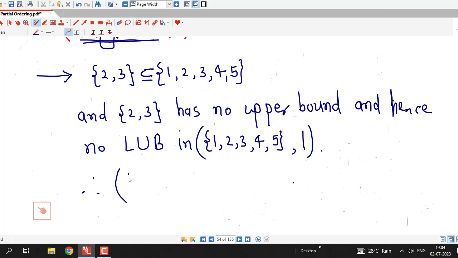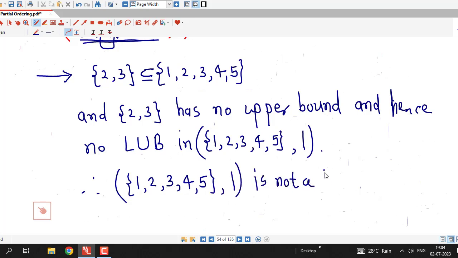Therefore, this partially ordered set {1, 2, 3, 4, 5} with the divisibility relation is not a lattice.